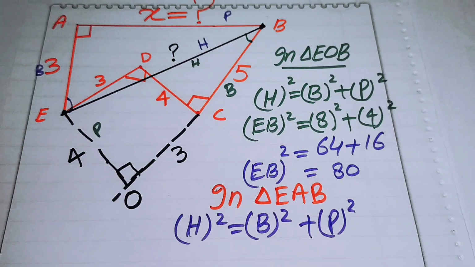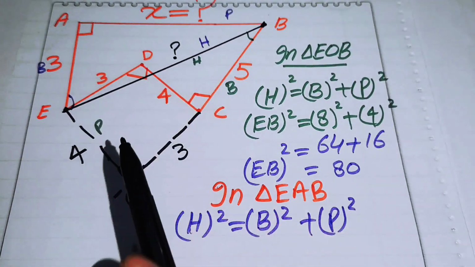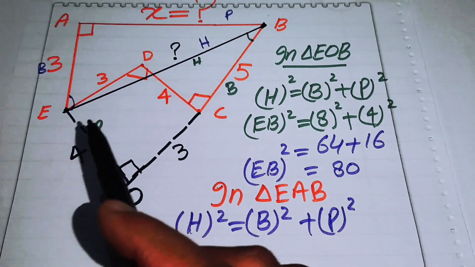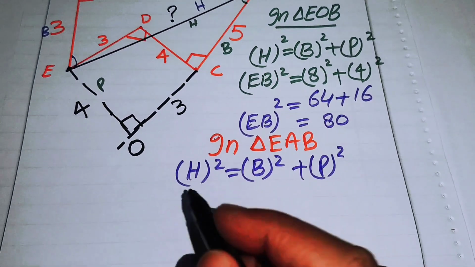In the diagram, the hypotenuse of triangle EAB is the side EB, so here we put this value.